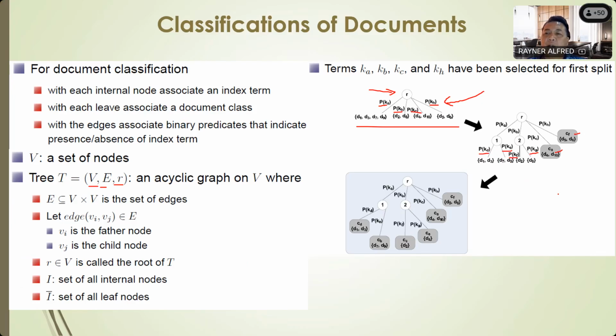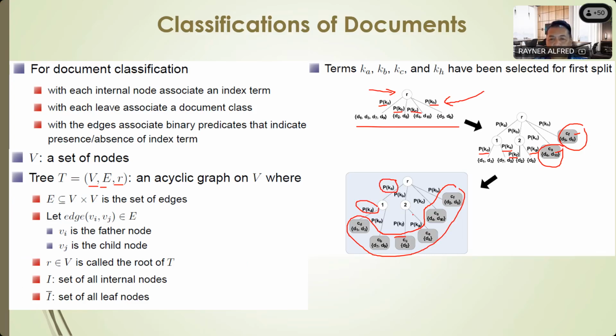So this is class A, and then class F and A, and then class C, and so on. This is the class label, and this is the keyword used to split the type of document that we have. So we use keywords.